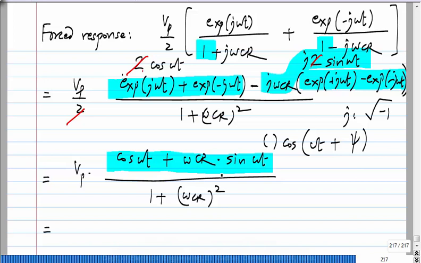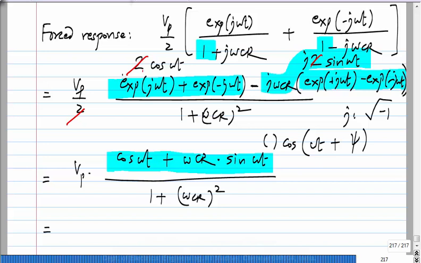What is this going to be? What is that? Minus tan inverse omega CR is the phase. What is the amplitude? What is the amplitude of the resulting sinusoid? You sum cos omega t and omega CR times sin omega t. What is the amplitude of the resulting sinusoid? Yeah.